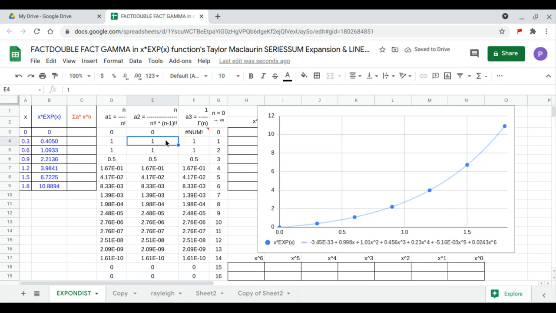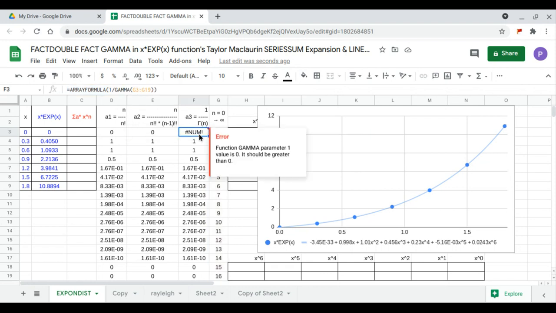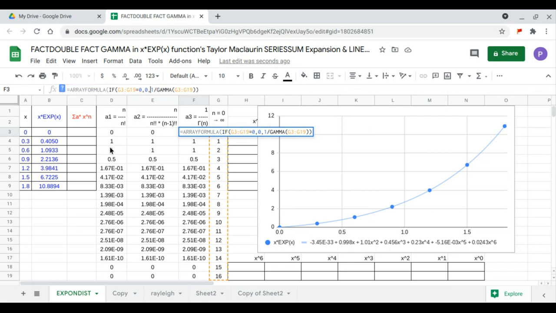Now it's corrected. And we'll copy the same condition right here. So from this portion up to this, copy it as well and paste here. Then enter.